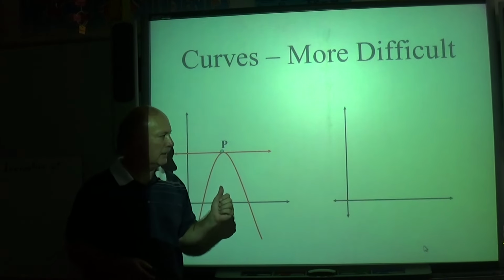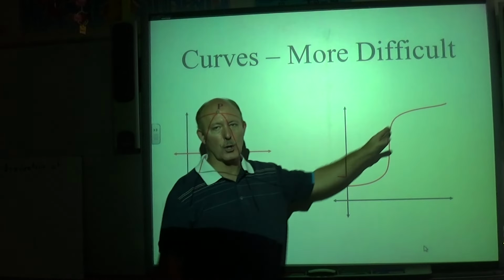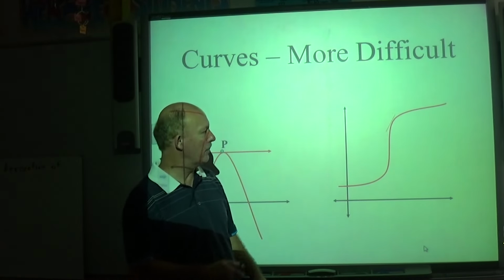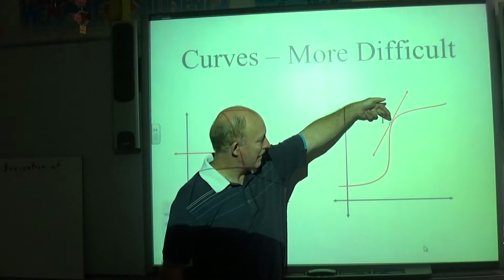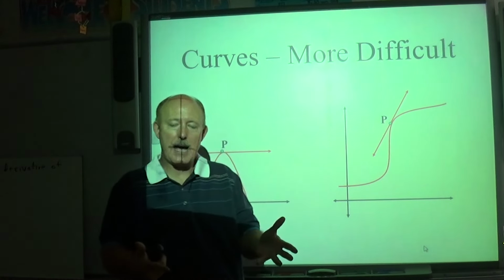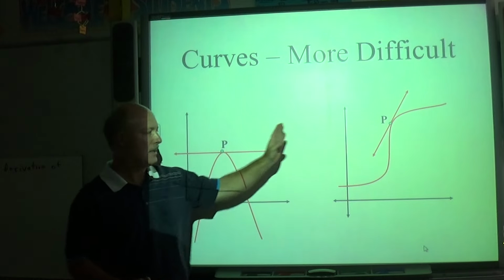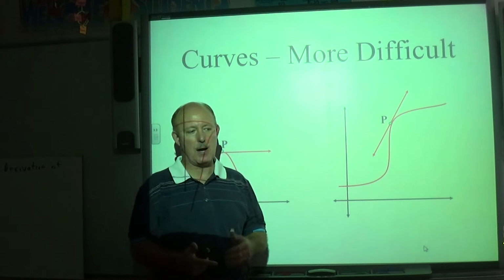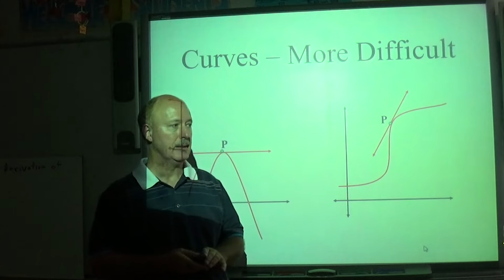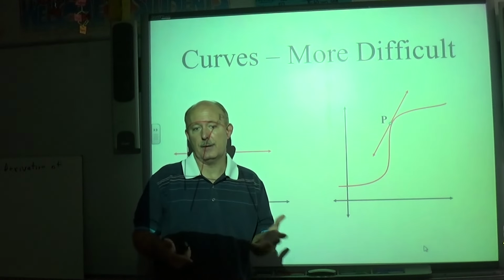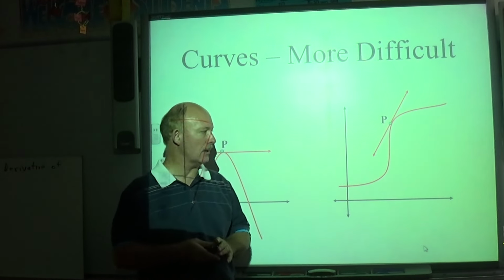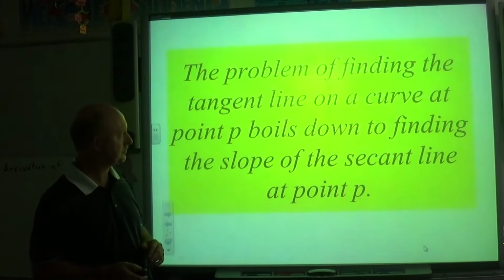We can find that pretty easily. But for something like this curve, if you're looking for the slope of a tangent line at that point there without calculus, it's a lot harder to do. Some curves are very difficult without using calculus, especially before the development of calculators and technology like we have today.